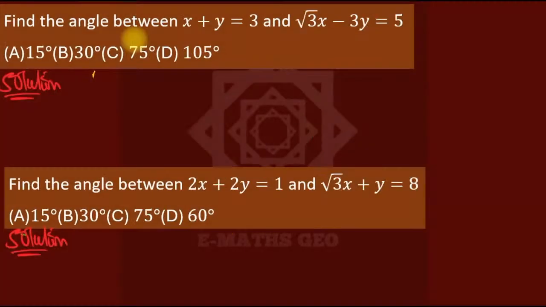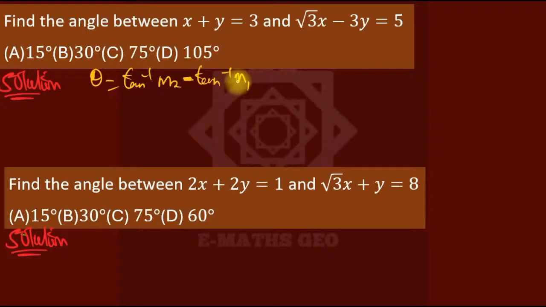Theta is always arctan of m2 minus arctan of m1, where m1 and m2 are the slopes. The one that is greater has its arctan subtracted from.